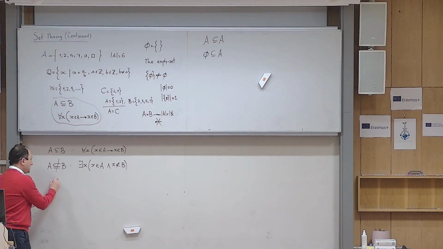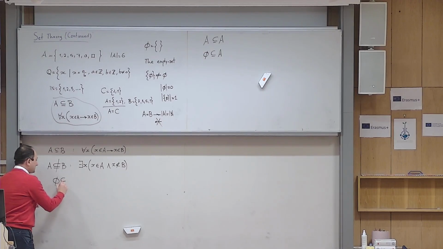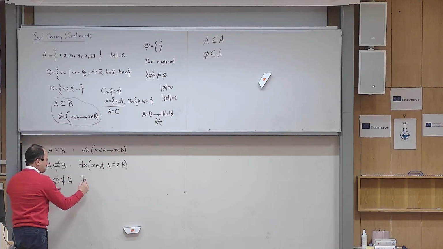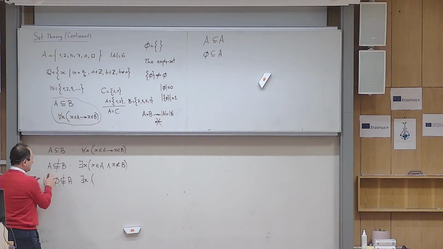Okay, can I say that the empty set is not a subset of A? This means there exists an element x which, so I'm just comparing this with this one, whenever I see A, I put the empty set.